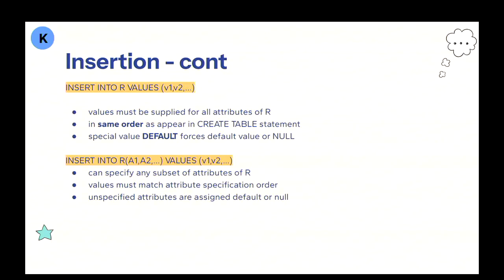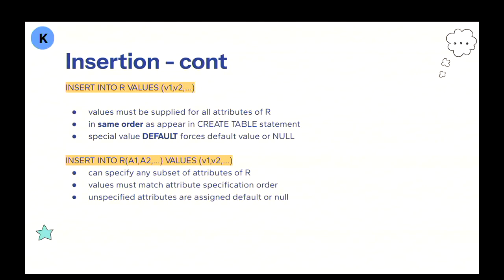And there's a special case, which is default. If we have specified a default value in the table schema, we don't need to insert a value for that attribute when we do this insertion. So that's a special case.